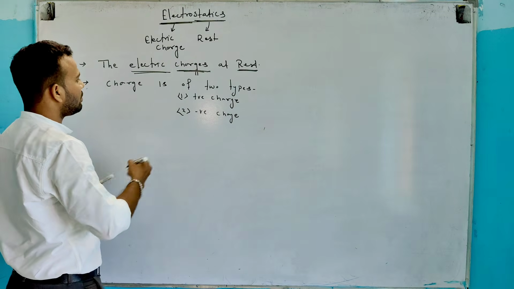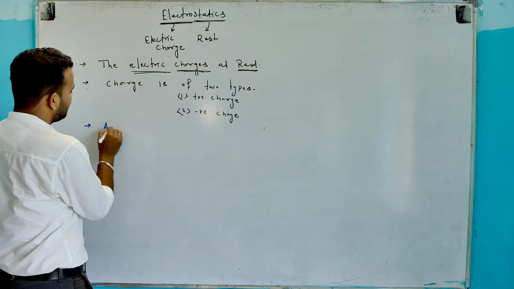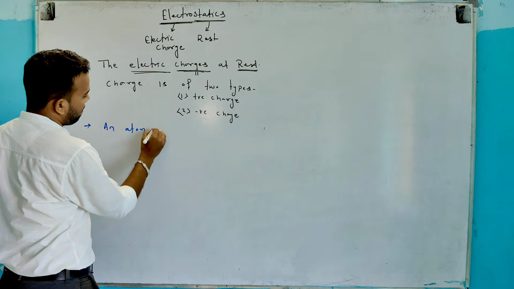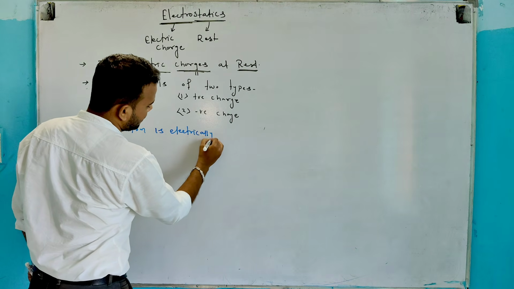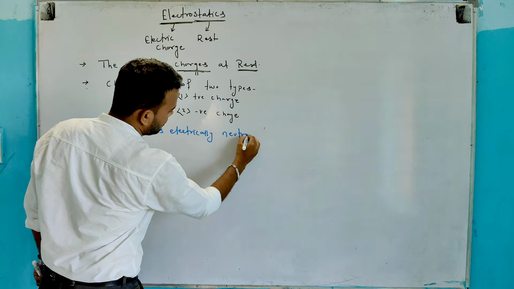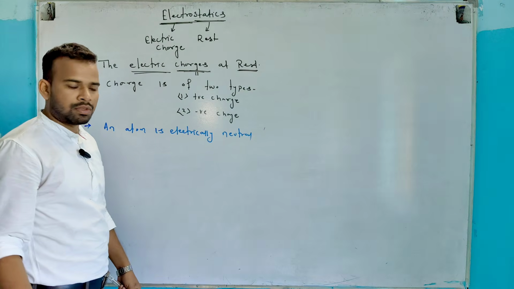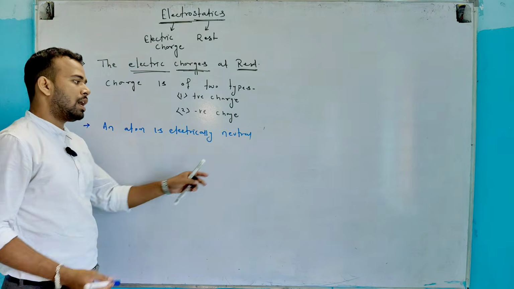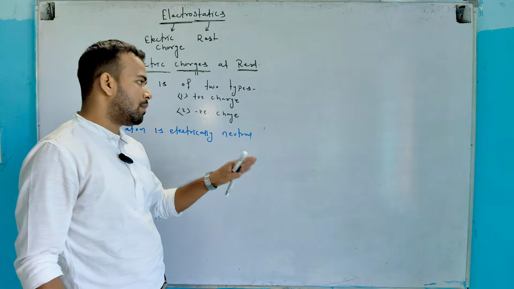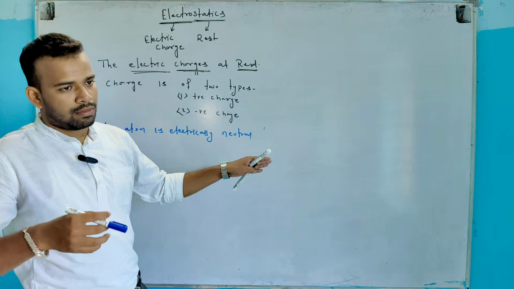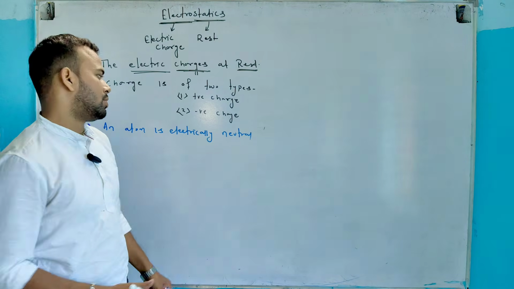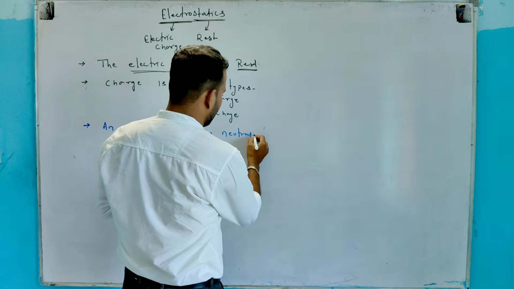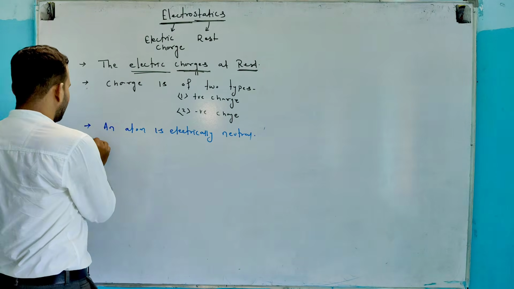Then an atom is electrically neutral. It means an atom contains an equal number of protons and electrons. Neutral. An atom has no charge.